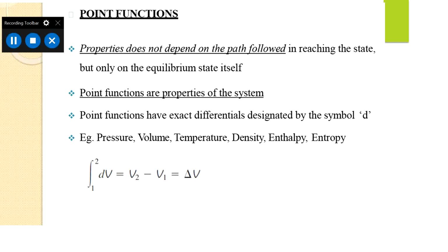They only depend on the state: state 1 has some properties and state 2 has some properties, whatever the path followed. Point functions are properties of the system, while path functions are not.